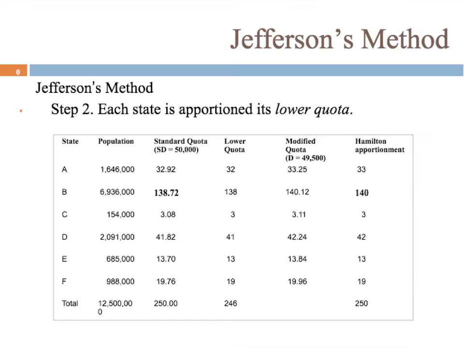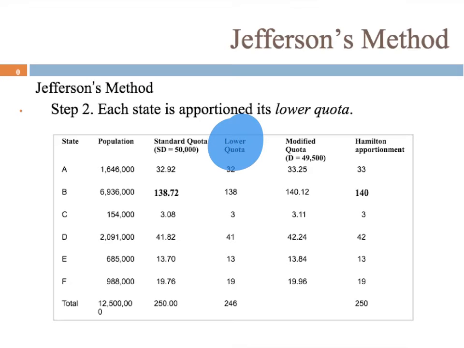So these are the same populations we've been working with in the other sections. Again, states A through F with their populations. And notice here we have the lower quotas.